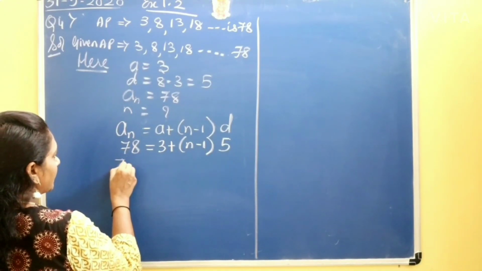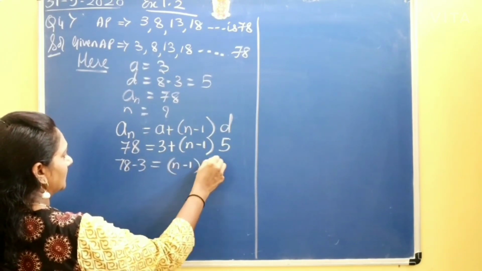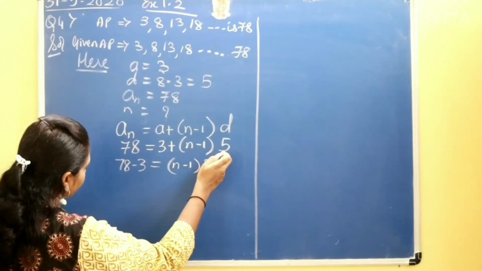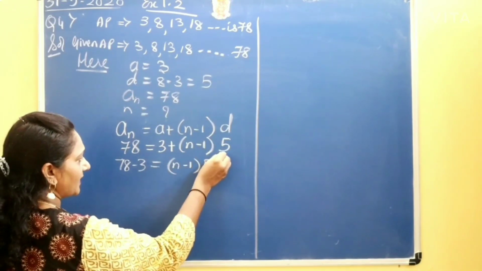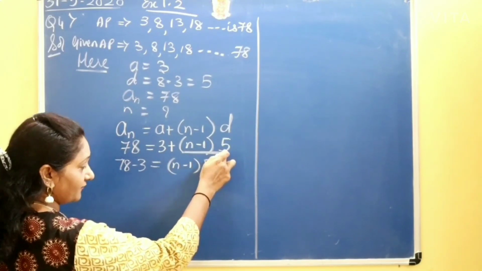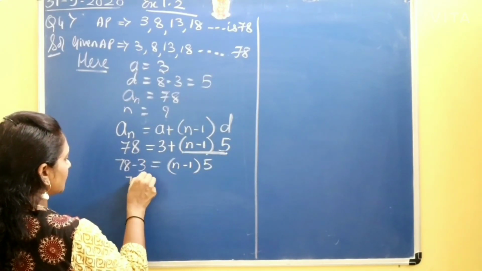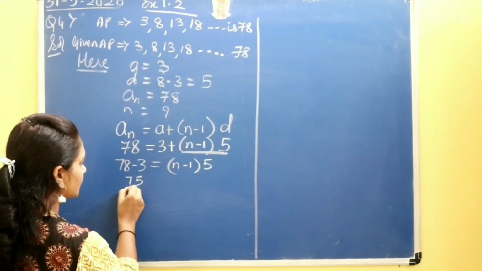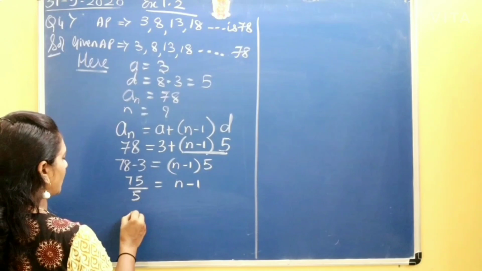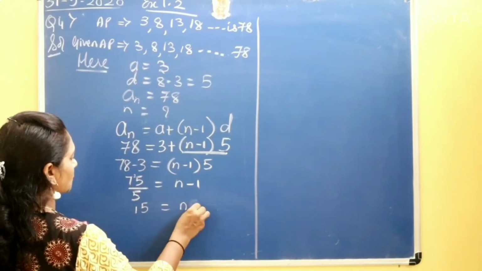So 78 minus 3 will give you N minus 1 into 5. There is a plus sign here, so you can only take 3 to the other side as minus. You cannot take this 5 because this 5 is with this N minus 1. It will be 75. Now you can take this multiplication as a division. 15 equal to N minus 1.